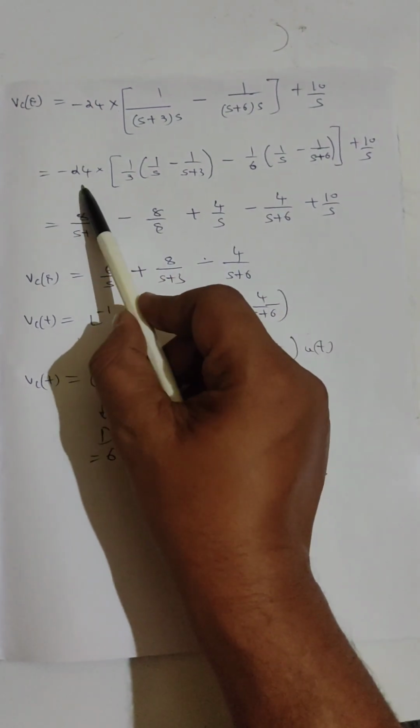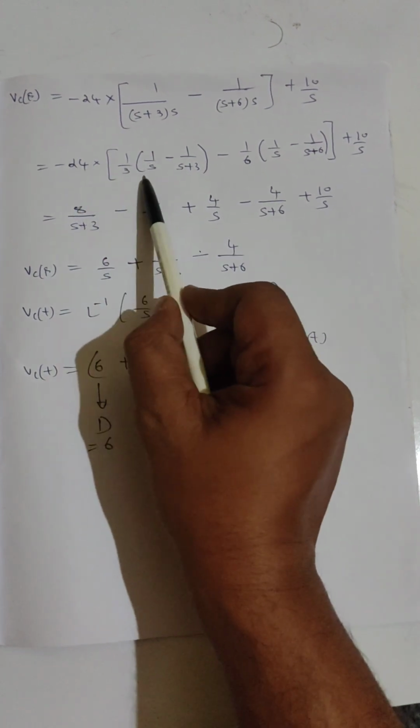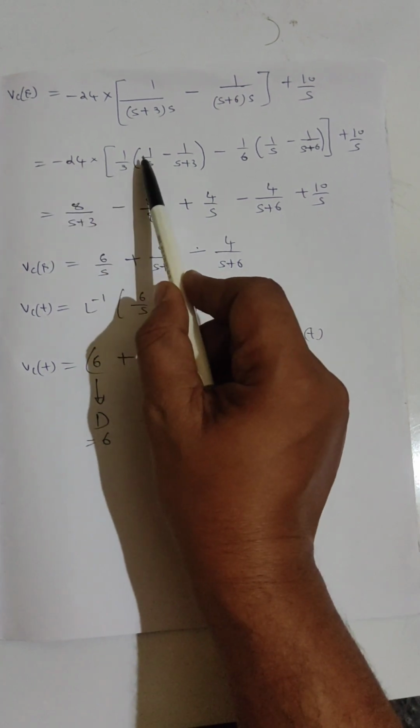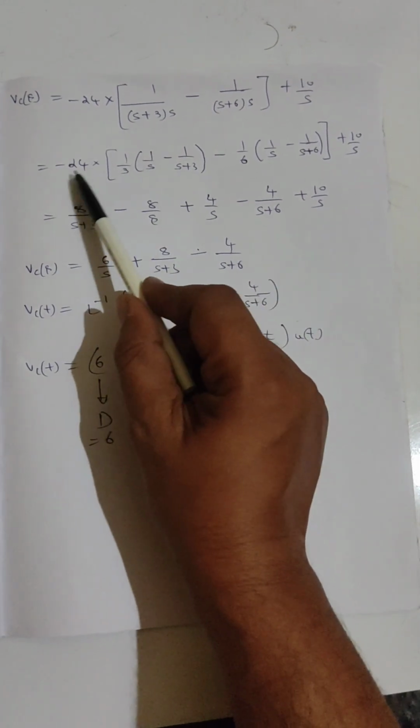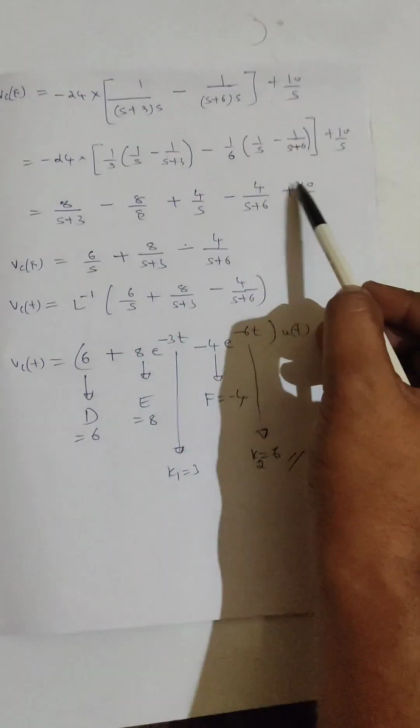Now group all the terms. Minus into minus plus, 24 by 3 is 8 by s plus 3, and minus into plus minus, 24 by 3 is 8 by s.